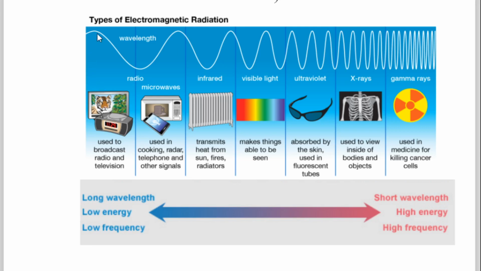So the longer the wavelength, the lower the frequency and the lower the energy of that electromagnetic wave. When you generate an electromagnetic wave of low frequency, it has low energy. And see the graph arrow. It becomes red. It means when you go to a short wavelength, in millimeter or in centimeter, the frequency is very high.